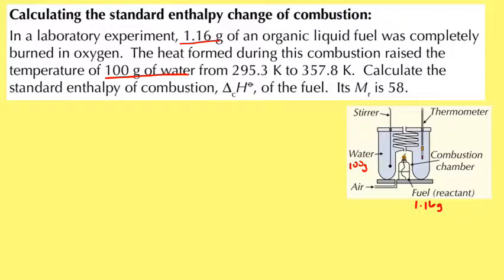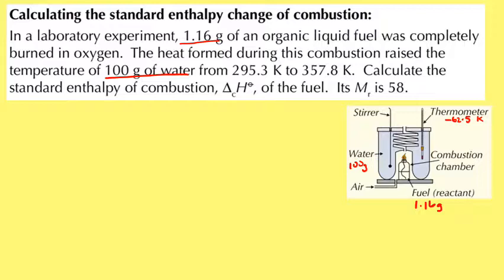So one take the other. I like to take the first temperature minus the second temperature, because the reason why will become clear in a minute. If we take 295.3 and from that take 357.8, we're going to get minus 62.5 Kelvin.